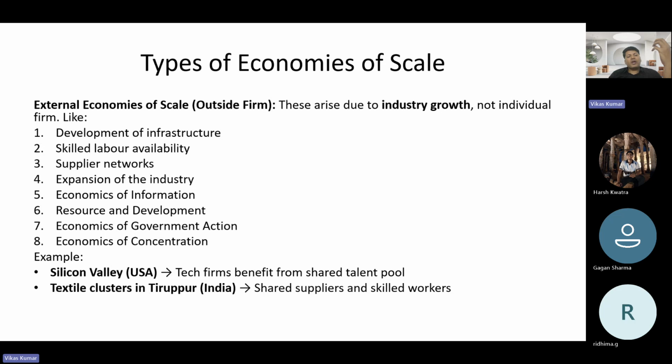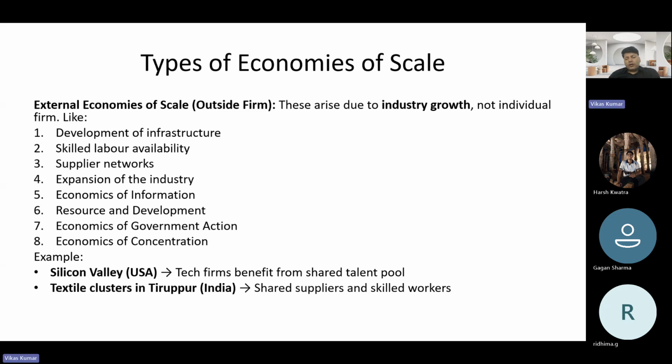In Ambala in Haryana, there are multiple companies which are supplying basic glass equipment to the universities, to the institutes, to the firms for R&D purposes, for laboratory purposes. So this is because of the cluster, because of the economics of concentration.